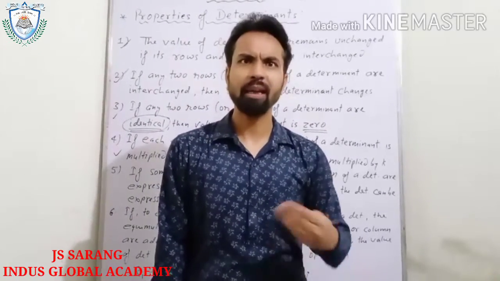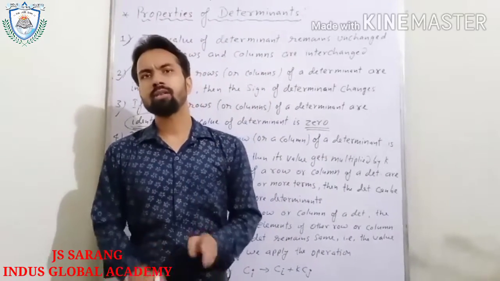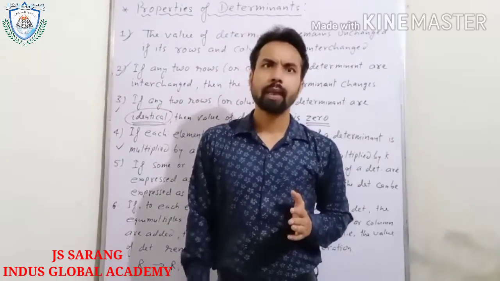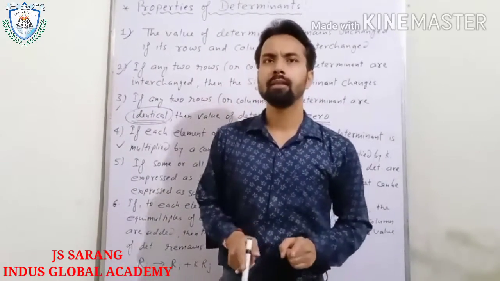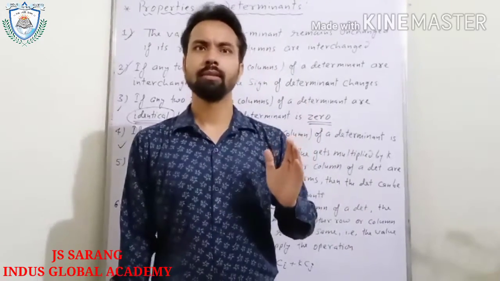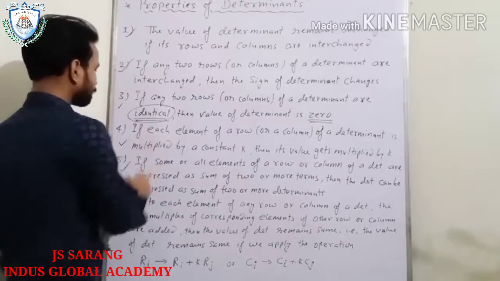Understood? Again I am explaining. If we multiply all the elements of any row or any column by a constant, then the whole value of the determinant will also be multiplied by that constant. Got it?